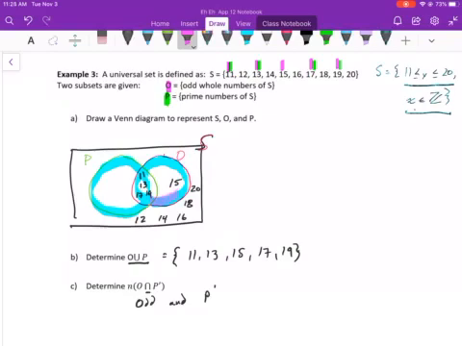These are all the numbers that are odd, in the pink now, right? And this means not prime. So those that are odd but not prime, the only one that sticks out is 15. So the number of elements that are odd but not prime is 1.